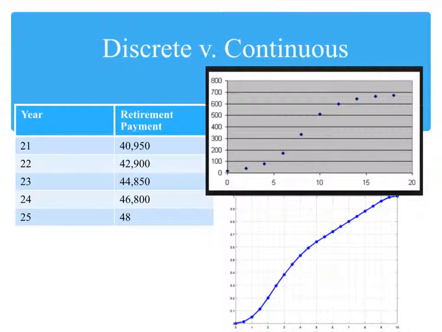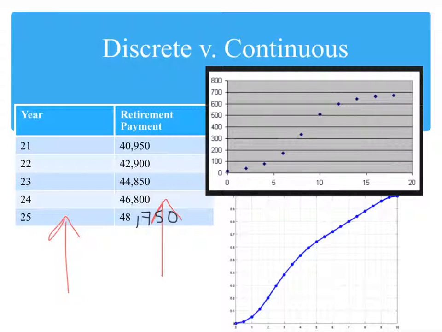This brings us to another definition, which is determining whether data is discrete or whether it's continuous. So you see here a table that's describing the year and the retirement payment for somebody. It appears that you can retire after 20 years of service.